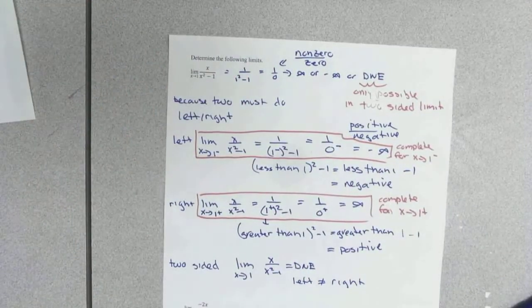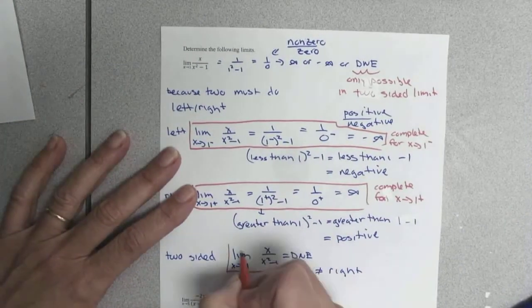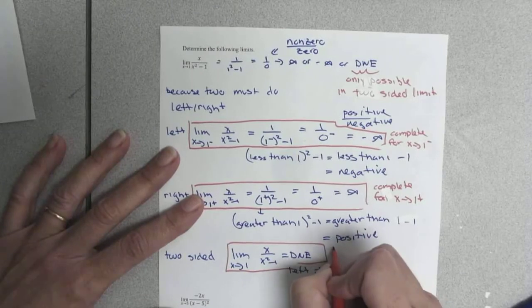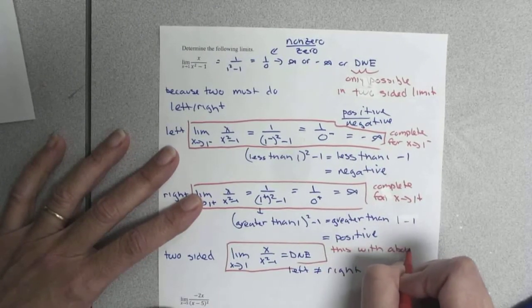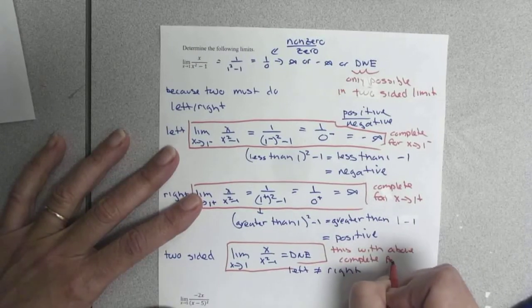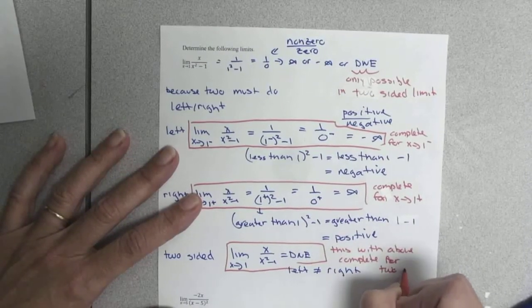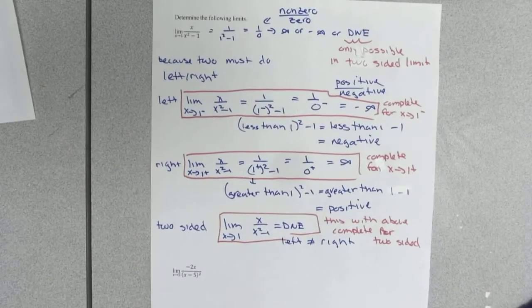And then when you put all of that together, this with the above, complete for two-sided. That I need to see the non-zero over 0. I need to see where you thought about how things were stacking up, positive and negative, and in the case of the two-sided, your final conclusion about the two-sided.